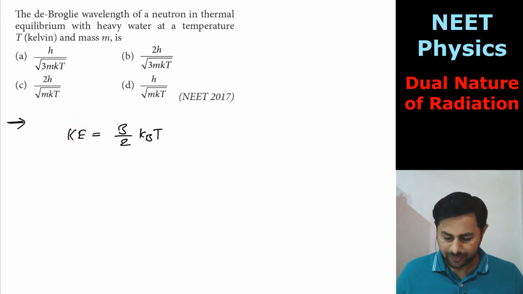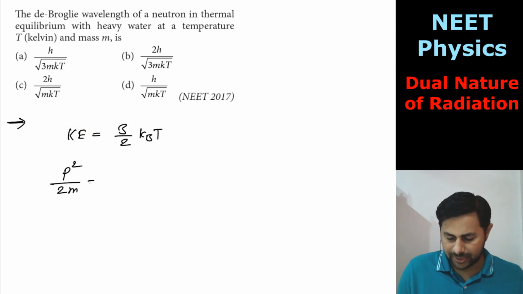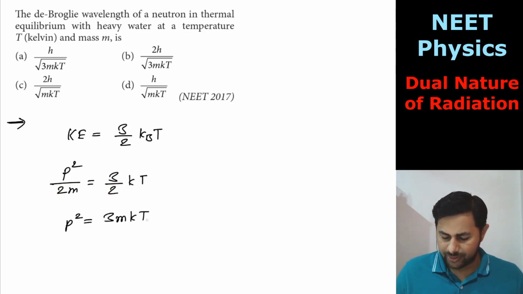Then kinetic energy can be written as p square by 2m, and that is equal to 3 by 2 kT. Let's write k only for kB, okay? 2 gets cancelled, move m on that side, so you get p square is equal to 3mkT, okay?